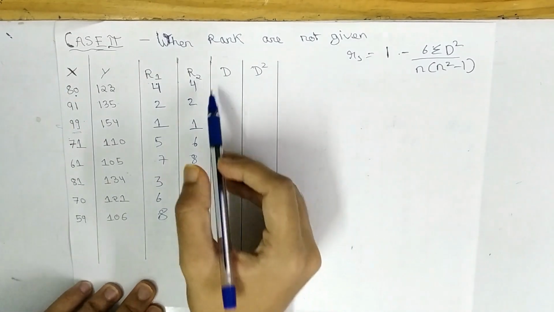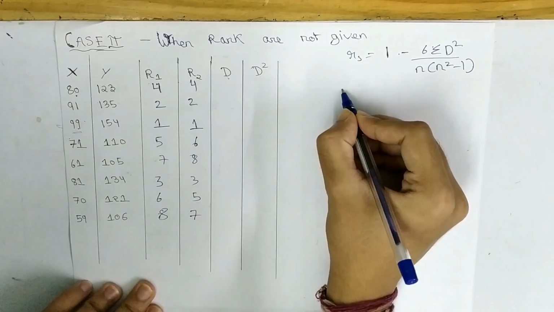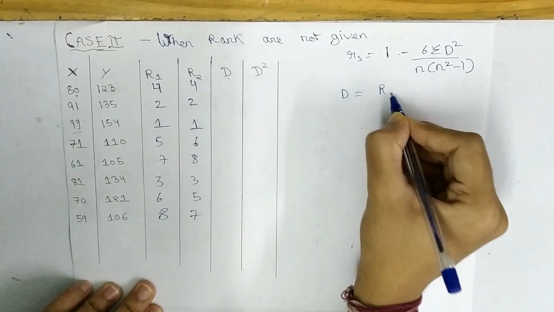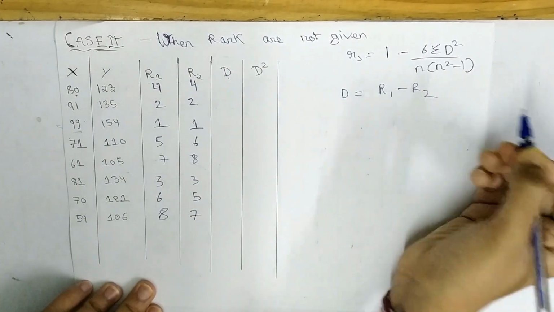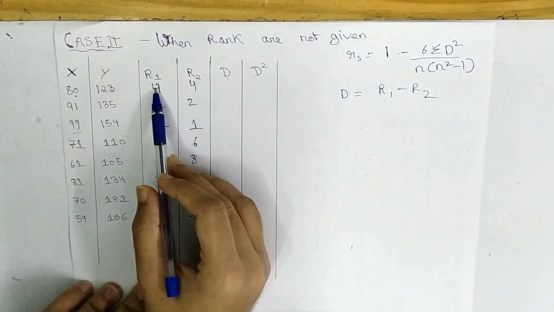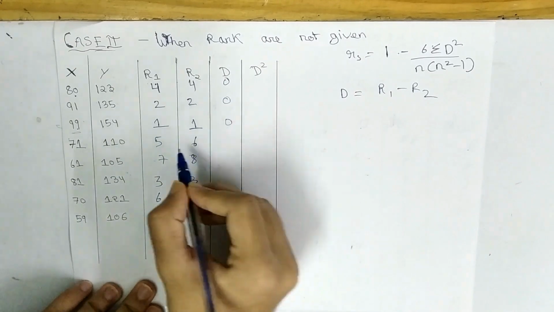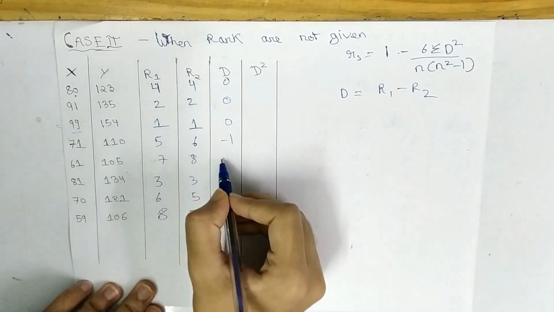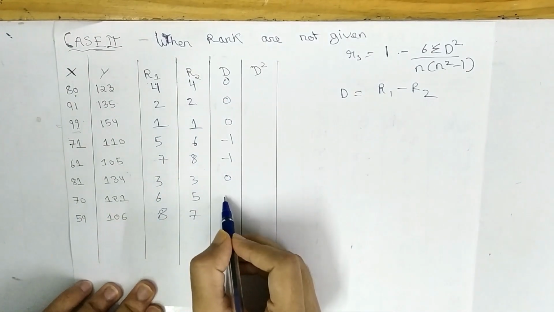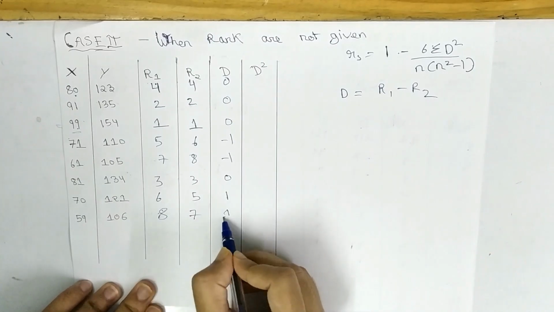Now we have to find D. And what is the formula to find D? That is R1 minus R2. So R1 minus R2 is 0. 2 minus 2 is 0. 1 minus 1 is 0. 5 minus 6 is minus 1. 7 minus 8 is minus 1. 3 minus 3 is 0. 6 minus 1, 8 minus 1.